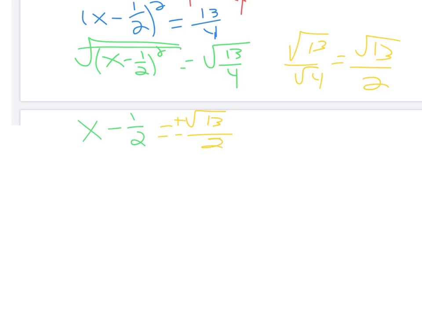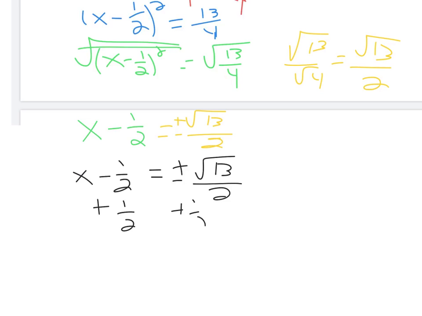So I have x minus 1/2 being equal to plus or minus the square root of 13 over 2. So in order for me to solve what x equals, I would have to add 1/2 to both sides. So I would have x equals 1/2 plus or minus the square root of 13 over 2.